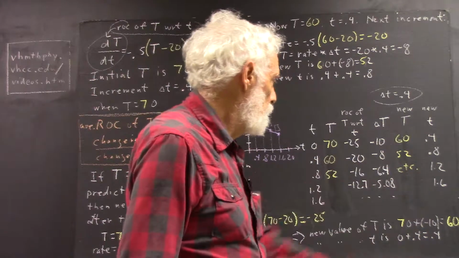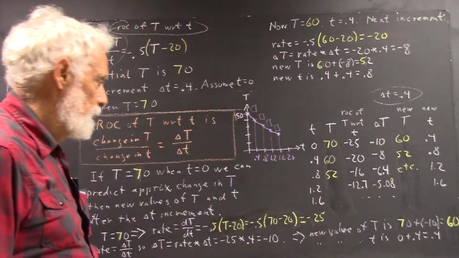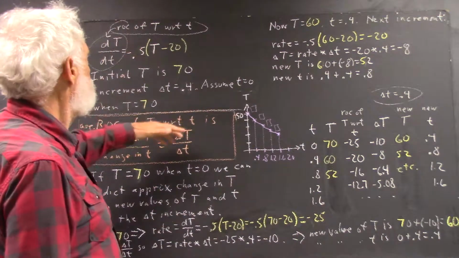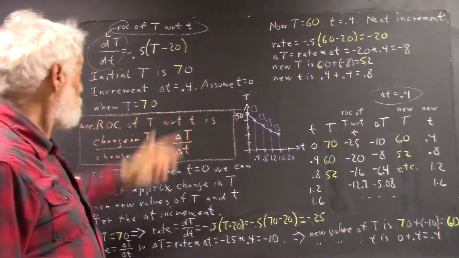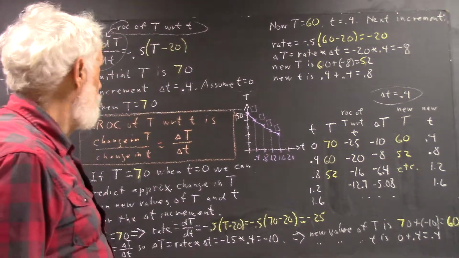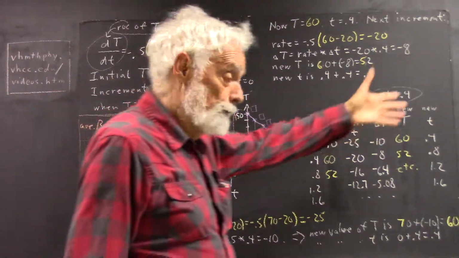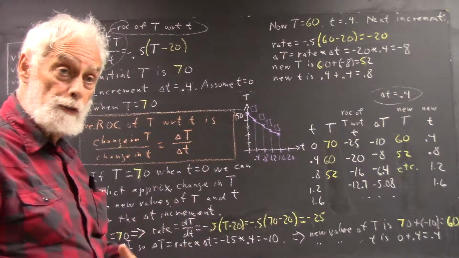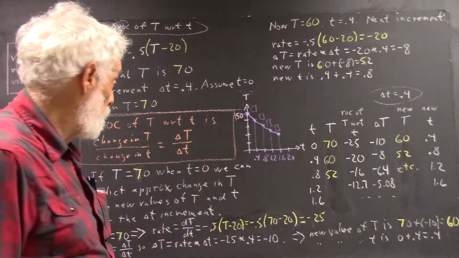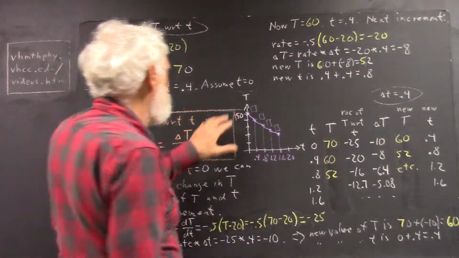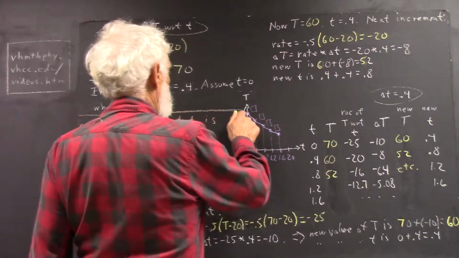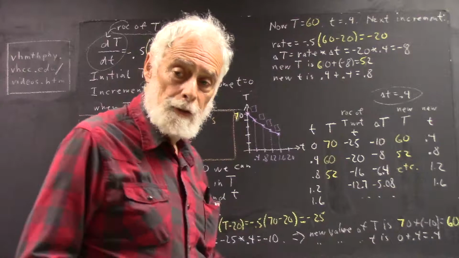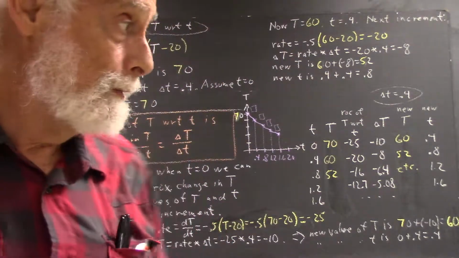The only difference now is that we originally started with a temperature 50 degrees above the room, but the room is at a higher temperature, so all our temperatures are going to be 20 degrees higher than they were. The rates are still going to be the same. So on our graph, we would have T equals 70, and we would have our time axis down here.